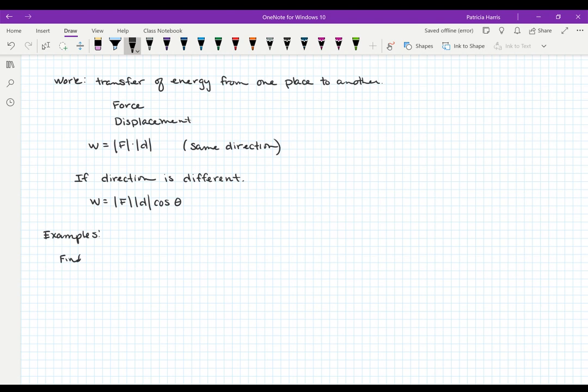Find the amount of work if we have a force with a vector of 2, 10, but our displacement is given by points.